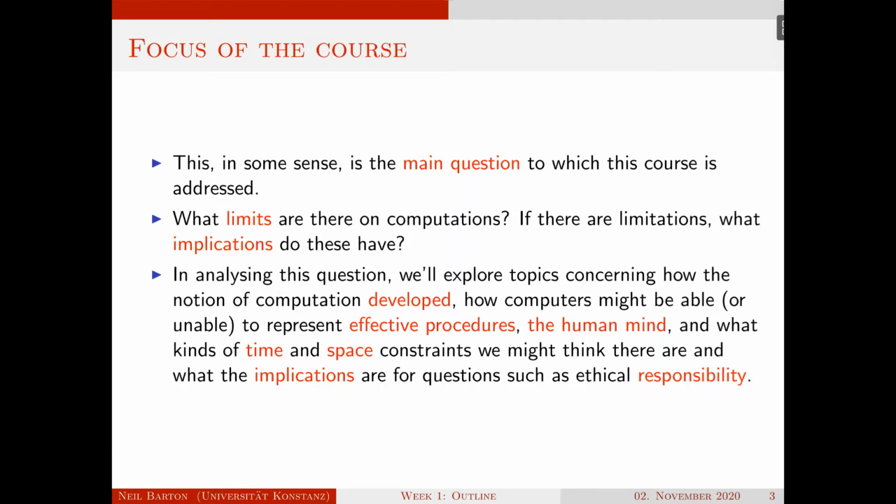And then once we've gone through some of these ideas, which we'll do in a lot more detail in future weeks, we'll also be talking about certain implications, both for the nature of computation itself, but also I think there's possibly some links between these kinds of questions and issues concerning things like ethical responsibility.